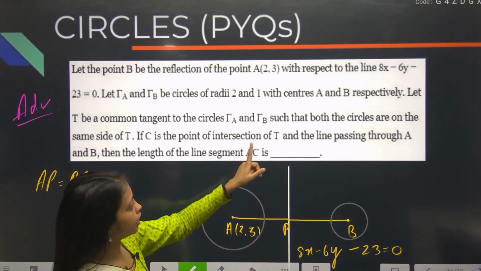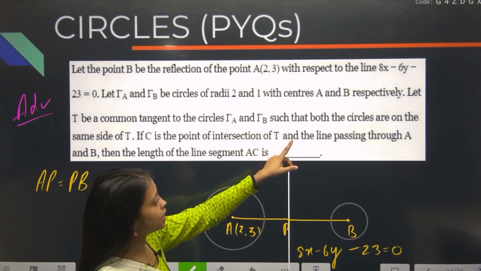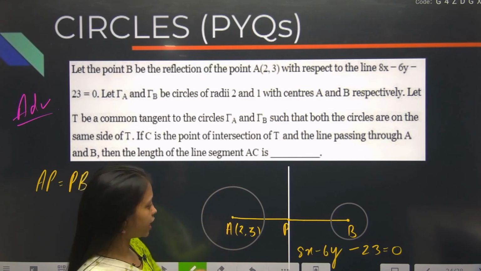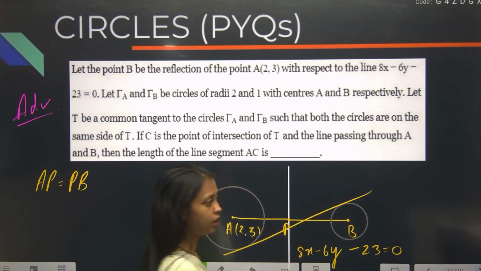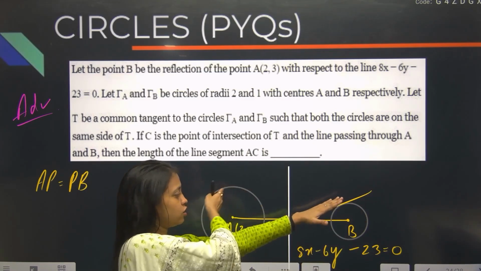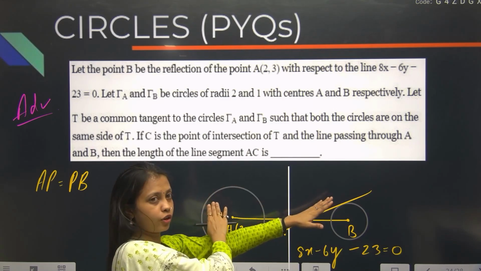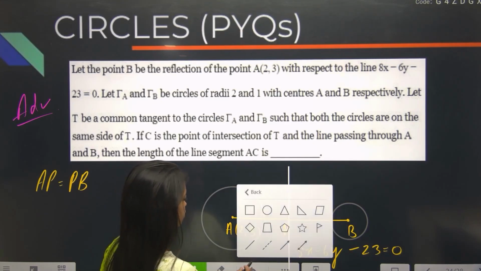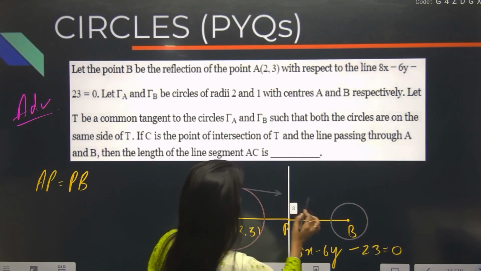Which of those is he talking about? Such that both the circles are on the same side of T. That means on the same side, which means this is not possible, because one circle is on one side of the line and one is on the other side. So this tangent they are not talking about. They must be talking about this tangent.